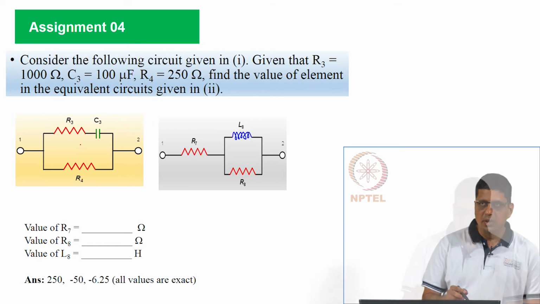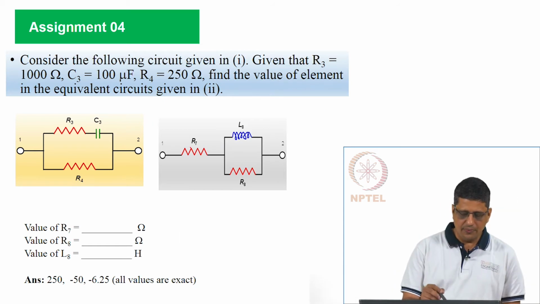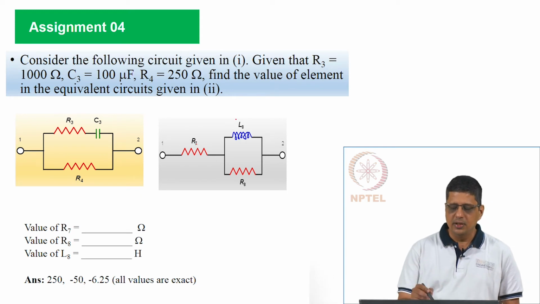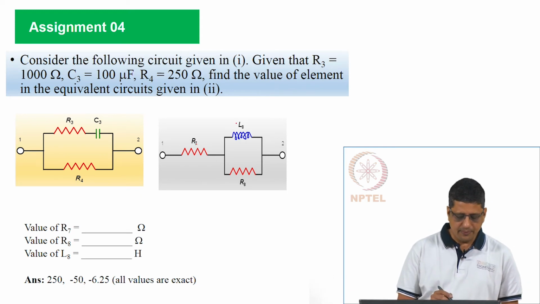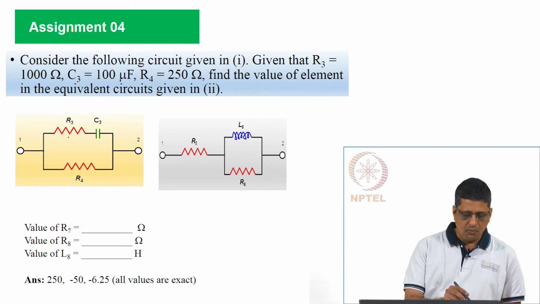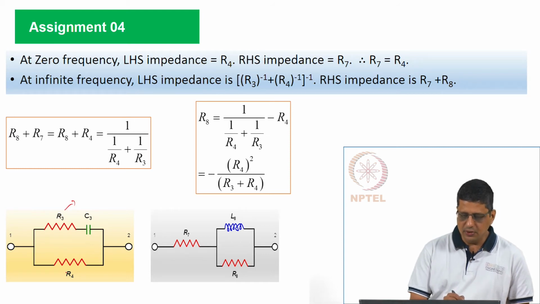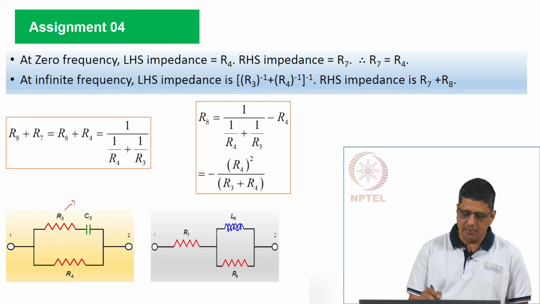Similarly, you are given another circuit and you are asked to find what are the corresponding resistance values and the inductance value. Similar to what we had done in the previous case, you can write the 0 frequency impedance of the left hand circuit and you can write the infinite frequency or high frequency limit of the right hand circuit and left hand circuit.